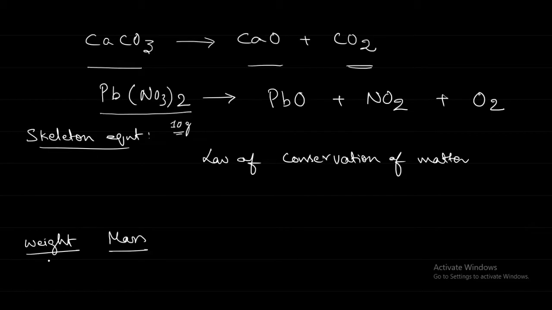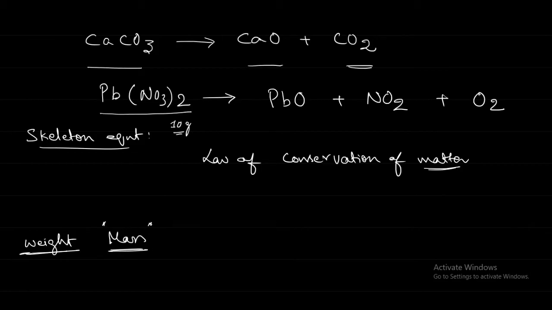Okay, here in the definition of the law of conservation of matter, what we are telling is, matter can neither be created nor destroyed. Okay, we are telling matter. So when you say matter can neither be created nor destroyed, what is going to be affected, weight or mass? Mass.